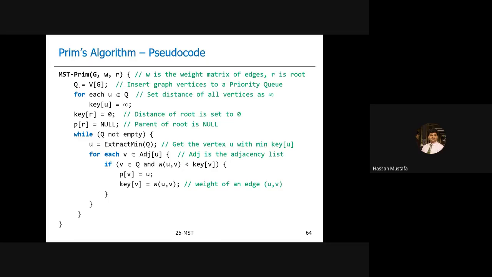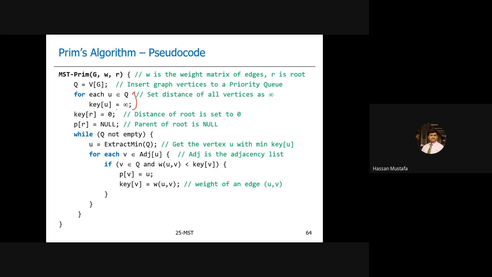After that, at this point, we have not set any key of these vertices in the queue. So in these two lines, we just update the key of each vertex as infinity. That is a bigger value that we would not expect to be the cost of any vertex.